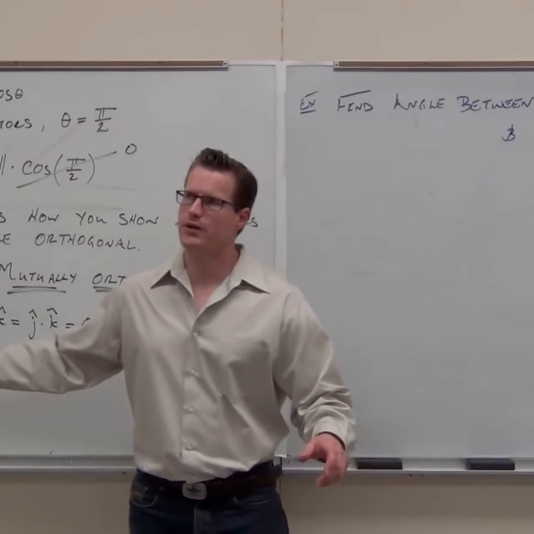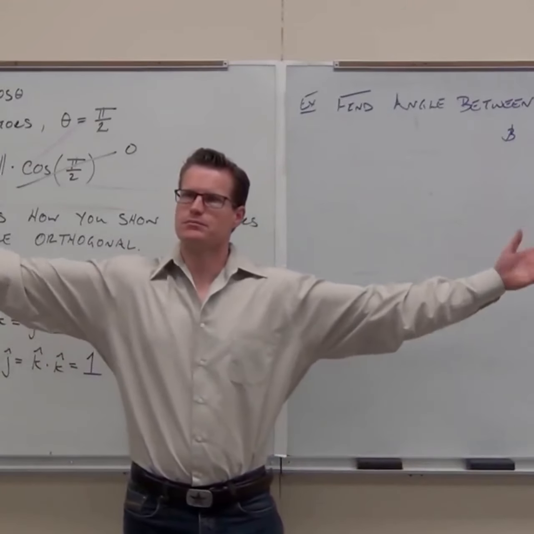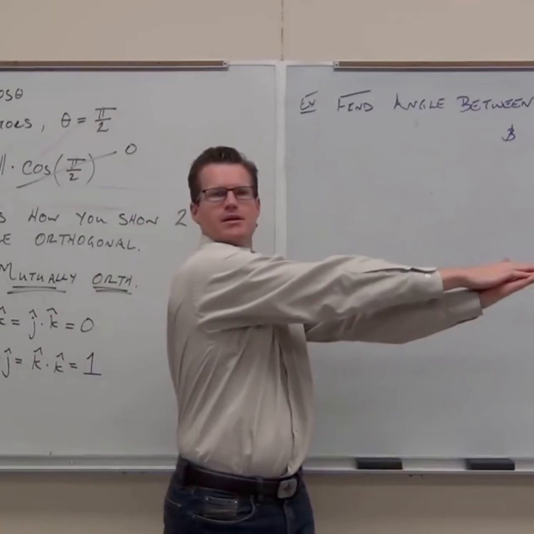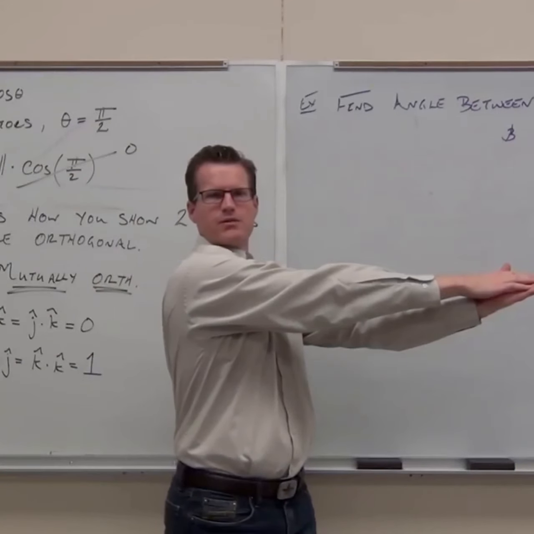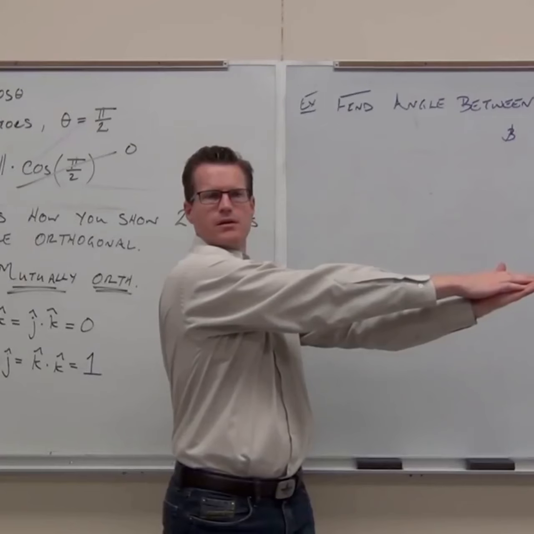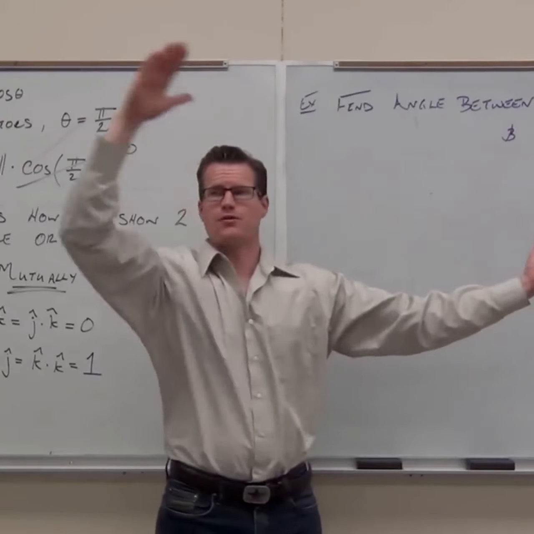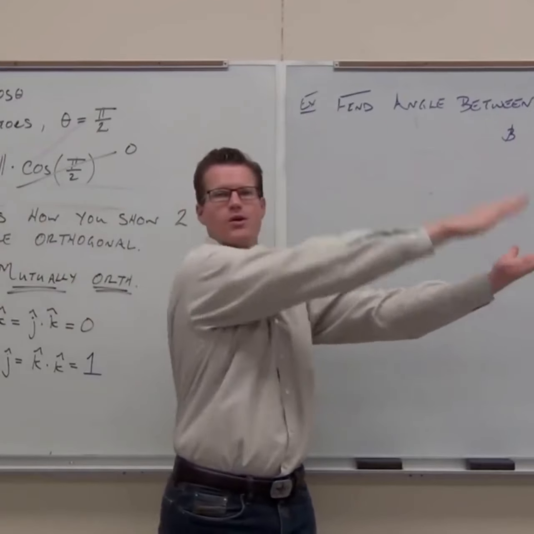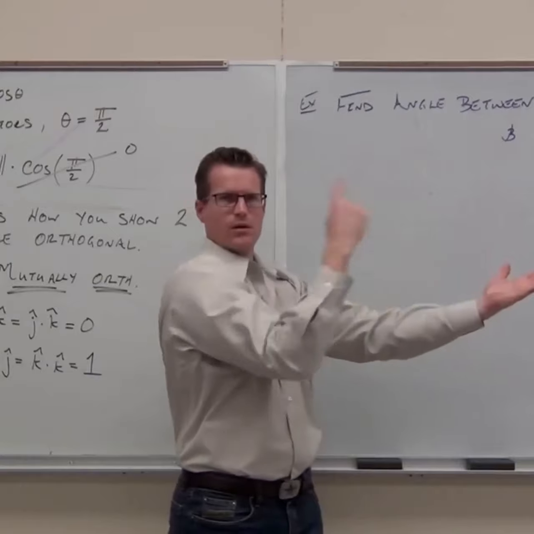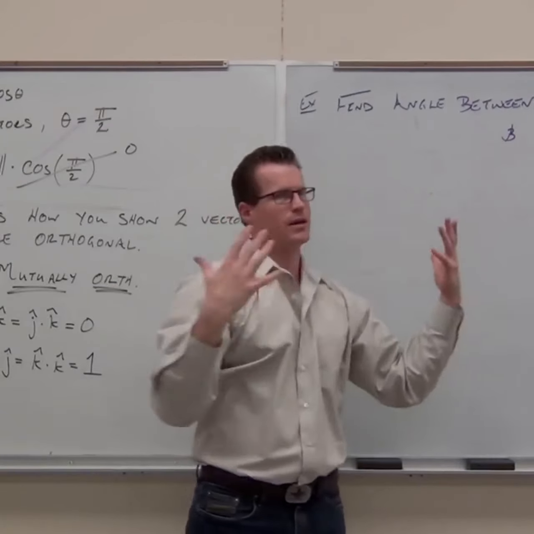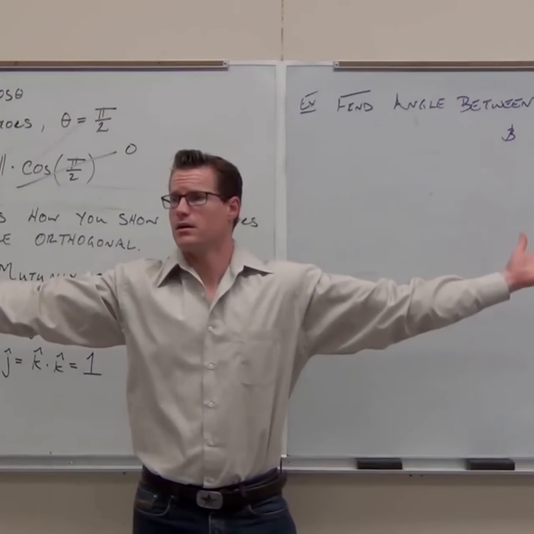Well, just think back about it, and then we're going to take our pause, okay? In order for two vectors to be parallel, the angle between them has to be settled, correct? Tell me the magnitude of I right now. What's the magnitude of I? 1. What's the magnitude of J? What's the magnitude of K? So if the angle between them is 0, what's cosine of 0? What's cosine of pi?